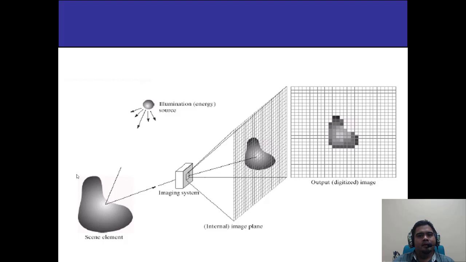So that means the illumination source is very important in order for you to see the color, or the spectrum, reflected by that object. Which spectrum has been absorbed by the object, which spectrum has been reflected by the object.